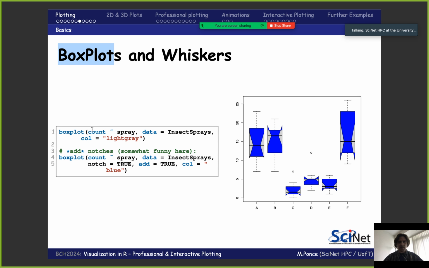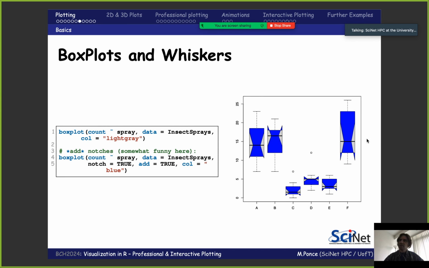So in this case, it's very, very straightforward to draw a box plot. I have customized this box plot a little bit. Boxplot count versus spray is what is going to put count in the y-axis. So this is what you see here, and spray is the categorical variable, the type of different chemical used. The data is coming from the InsectSprays data frame, and the color is light gray.